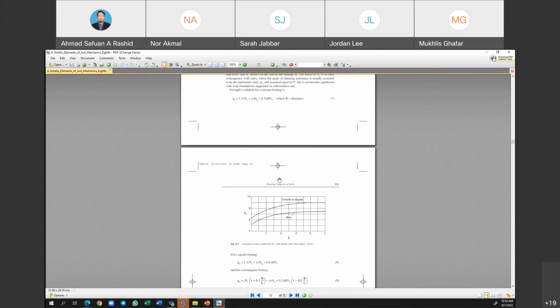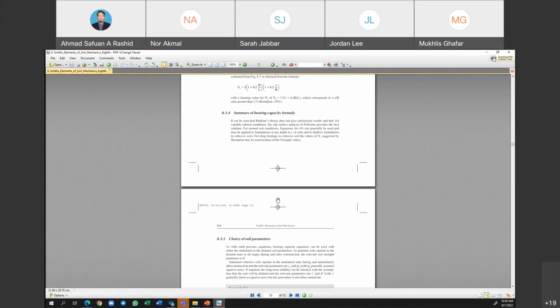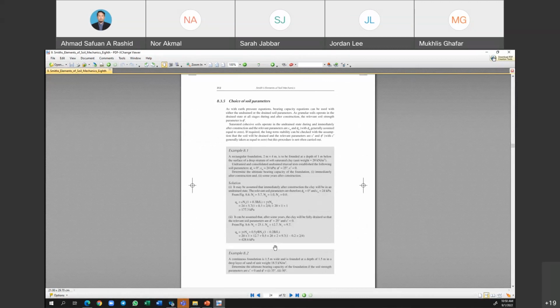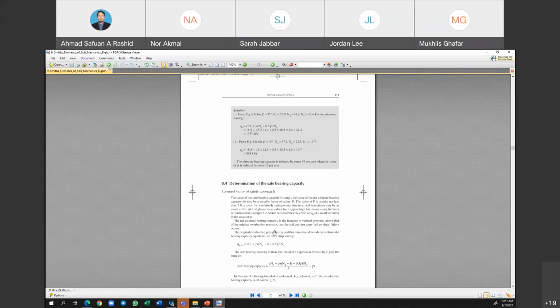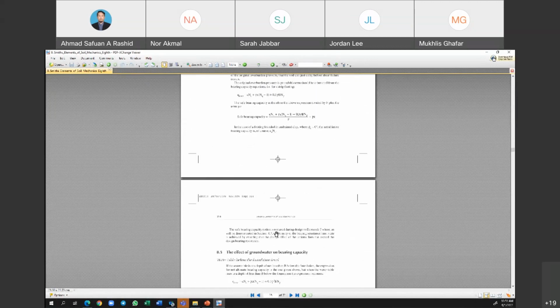Then he also discussed and showed an example on the British standard calculation. This is on the bearing capacity.